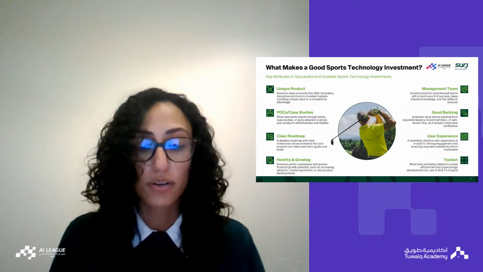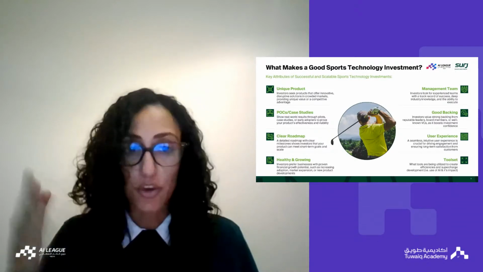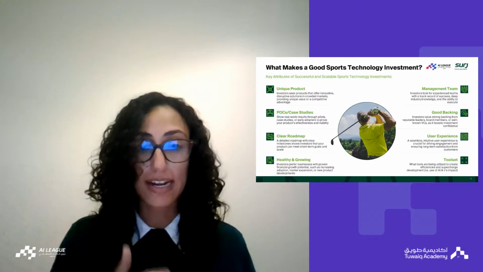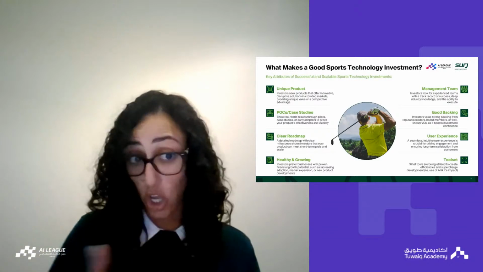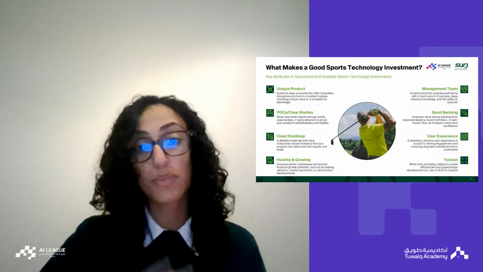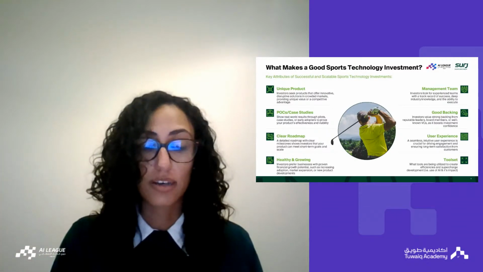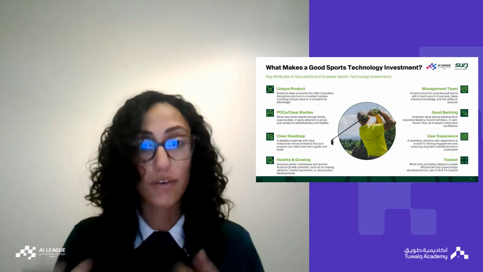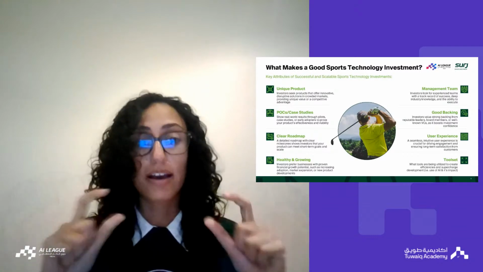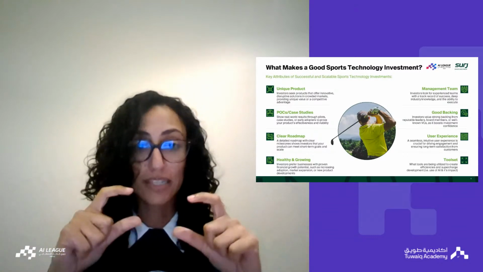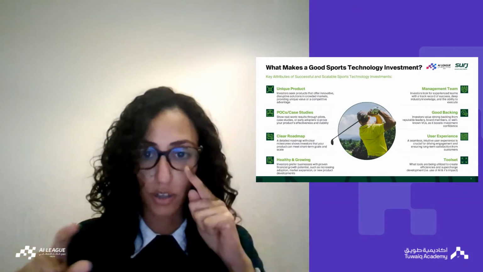But in general, at the very least, showcasing that you have a plan for maintaining good financial health and good technological health, and that you're going to be keeping that on an upward trend, that's really, really, really important. I would say if clear roadmap is number two, a healthy and growing product and business is number one for any sports technology investor.